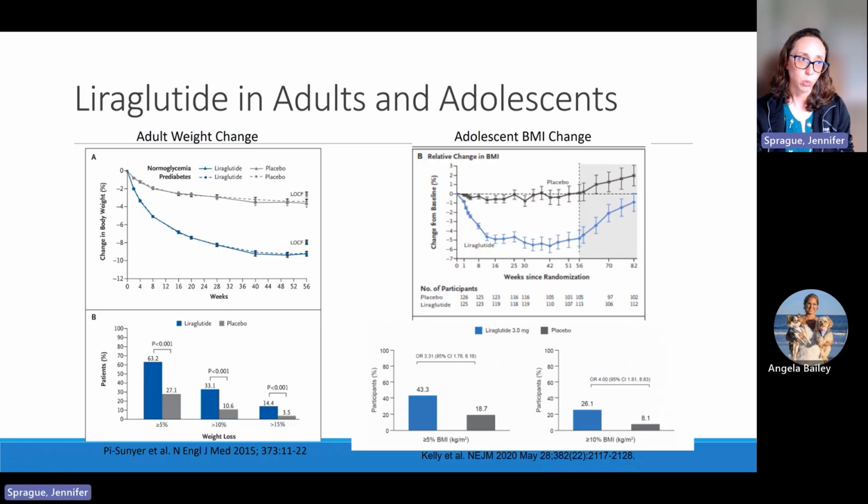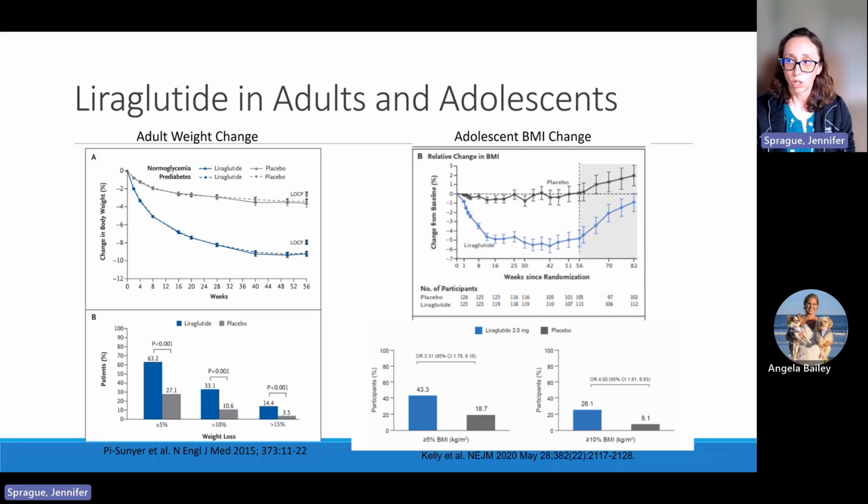First, let's talk about GLP-1s. The first GLP-1 that was approved in adolescents is liraglutide. Liraglutide is also known as Victoza or Saxenda. So this slide shows you both adult and adolescent weight data. This is a diabetes medication and then received weight loss approval.